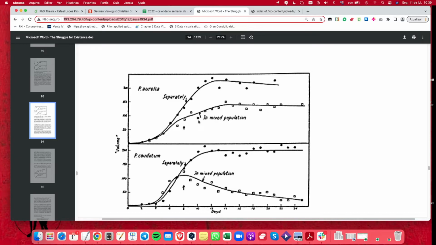And so they have been grown. Here you have aurelia. Okay, I don't have a pointer. But you see the points separately, it goes up and ends up here. Now, separately, caudatum goes up also. So they go to their carrying capacities when they are separated. Then you mix, okay?